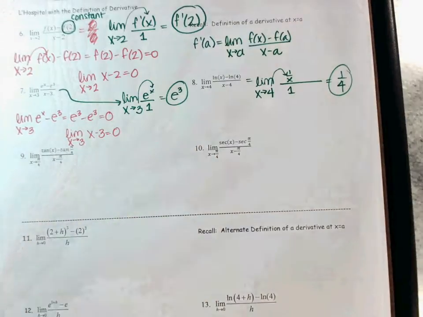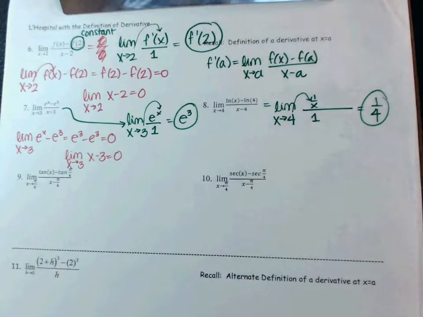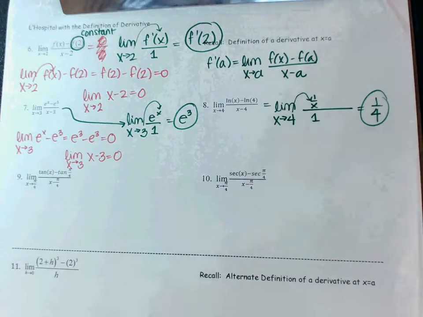This should look very similar to number 6 if you think about it, except instead of a being a generic number, what is a in this one? X is approaching 2. Okay, so you should recognize this is the definition of the derivative at a specific value of x. So we did this a long time ago, and I just want to connect the dots to it.